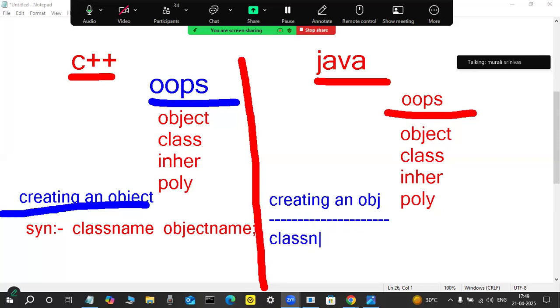Java programmers say class name, space, object name equals new class constructor. Syntactically different or not? Different. But conceptually, what is an object in these two languages, same or not? Syntactically different, but conceptually the OOPS feature is the same.